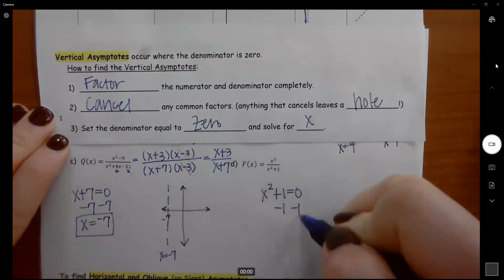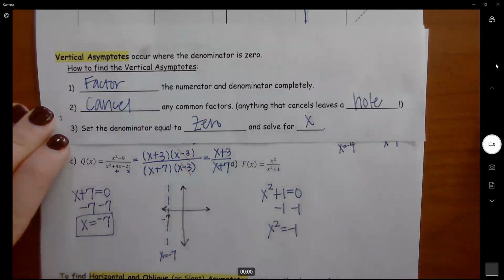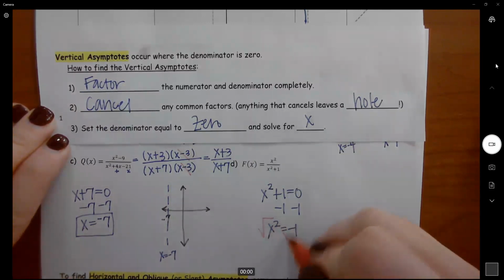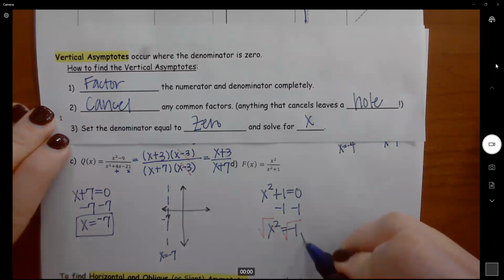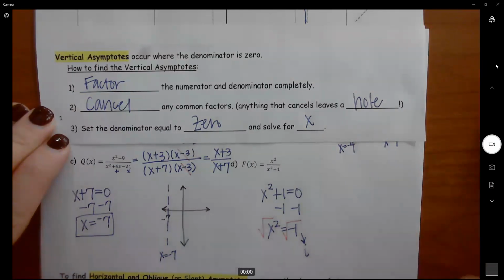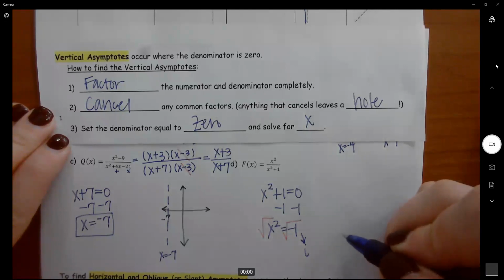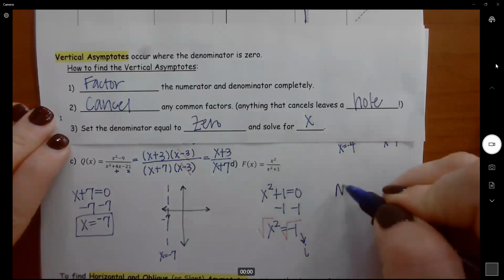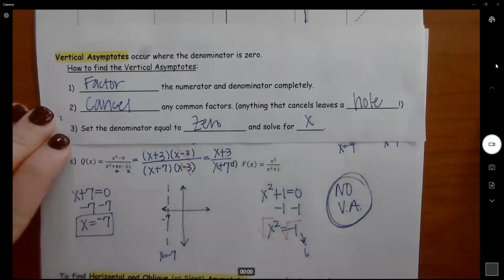We'll subtract our 1 and get x squared equals negative 1. To get rid of that square, we'll take the square root. This again is imaginary. When you get an imaginary number, that means we have no vertical asymptotes.